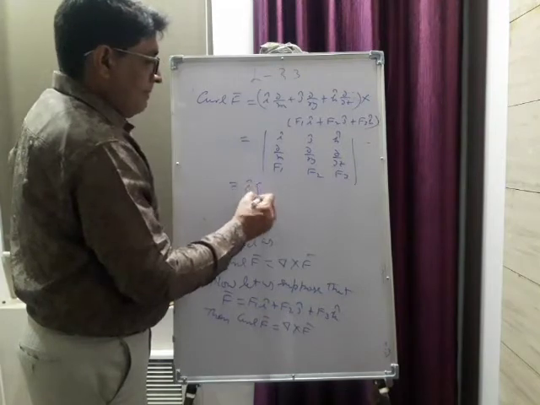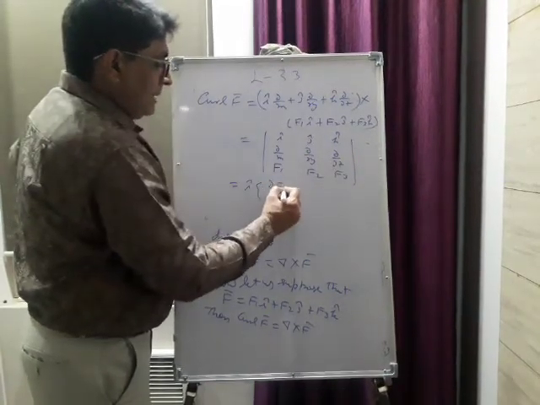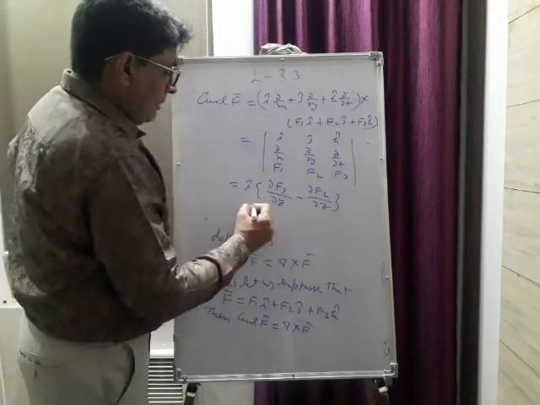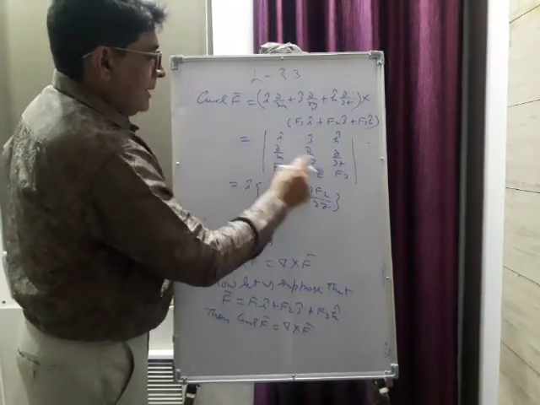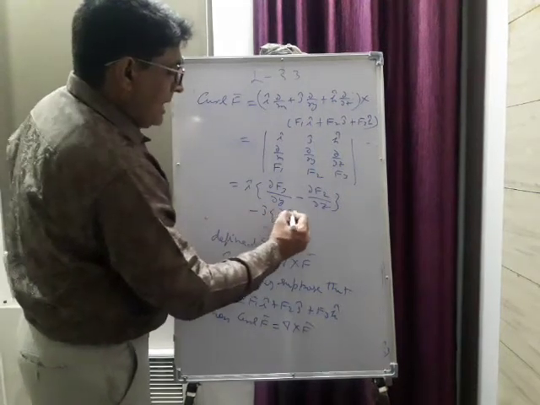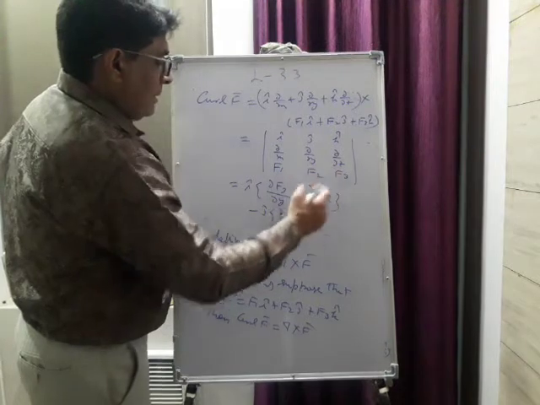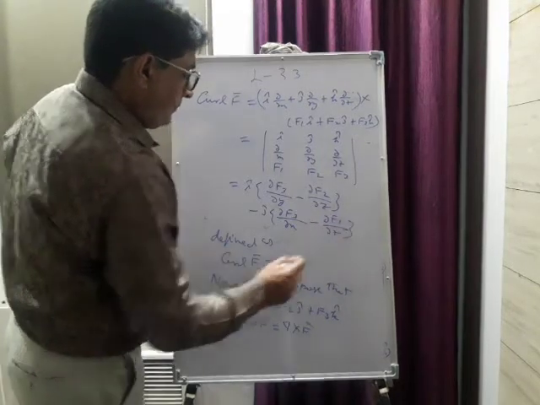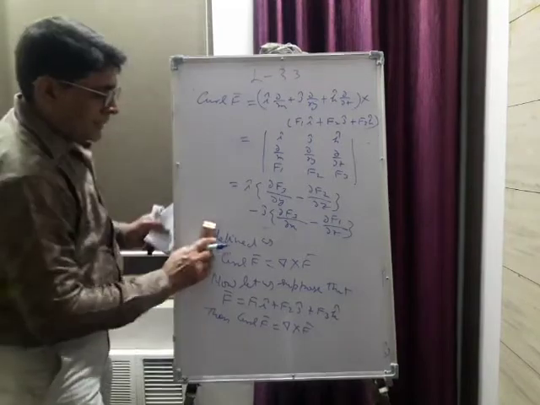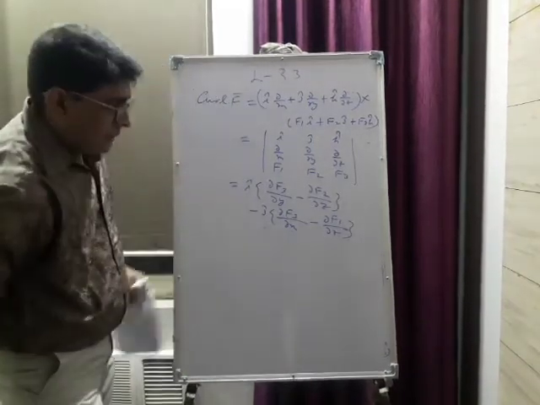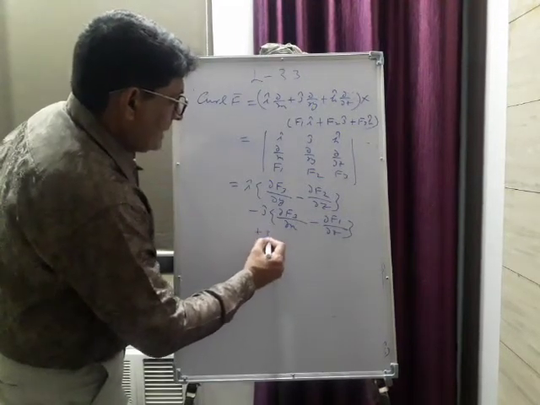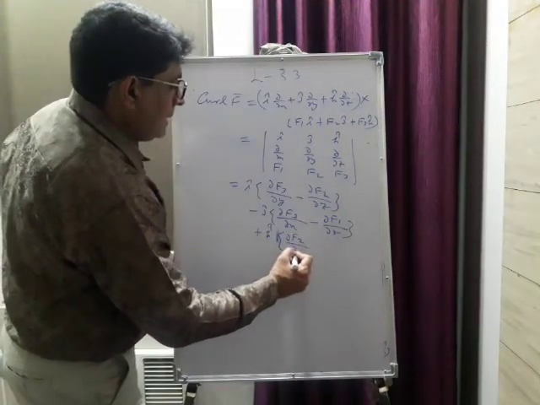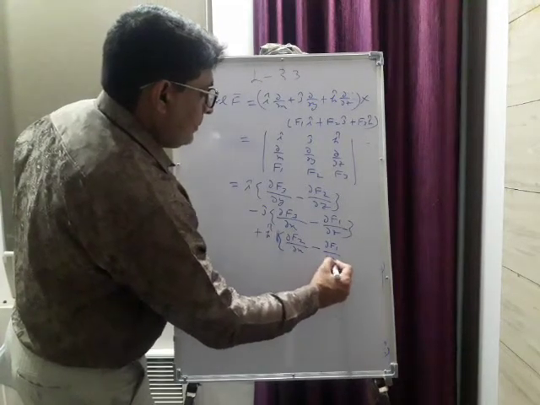So now this becomes i cap del f3 upon del y minus del f2 upon del z plus j cap minus del f3 upon del x minus del f1 upon del z, plus k cap del f2 upon del x minus del f1 upon del y.